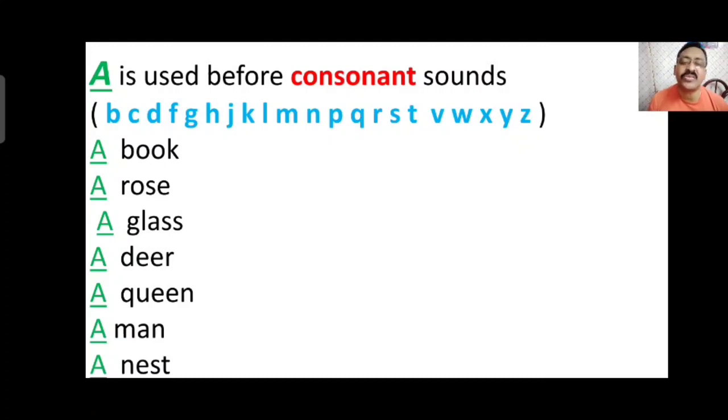Q is a consonant letter, A is used before it. A man. M is a consonant letter, A is used before it. A nest. N is a consonant letter, so we use A before it. So you can see B, R, G, D, Q, M, N. These are all the letters having consonant sound. So the article A is used before all these words.